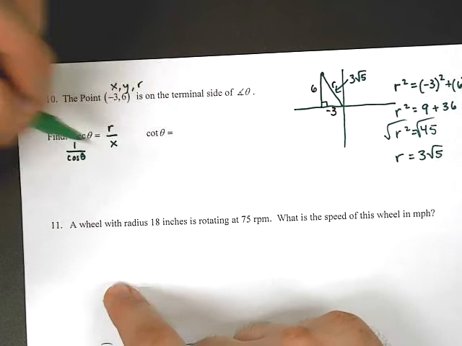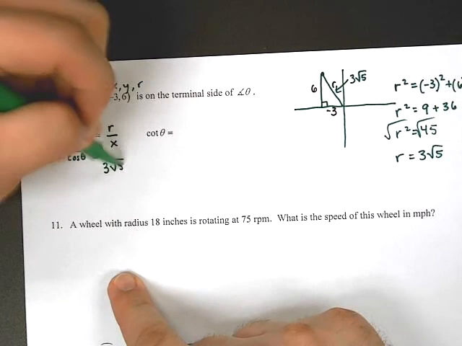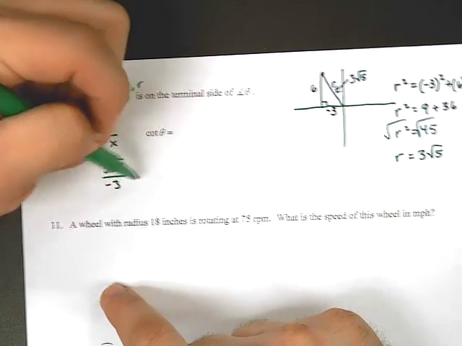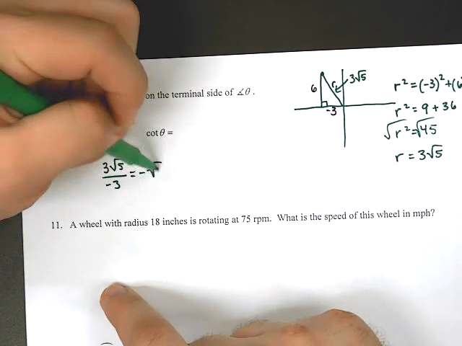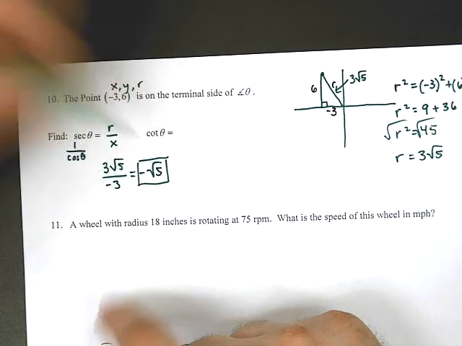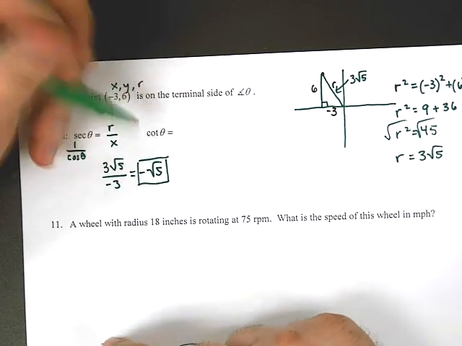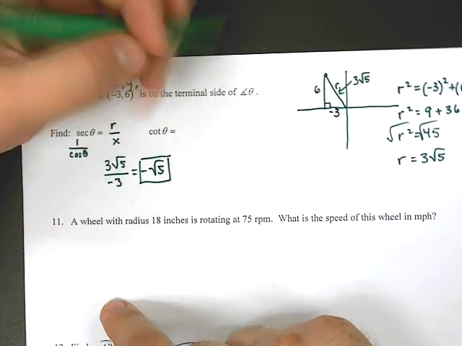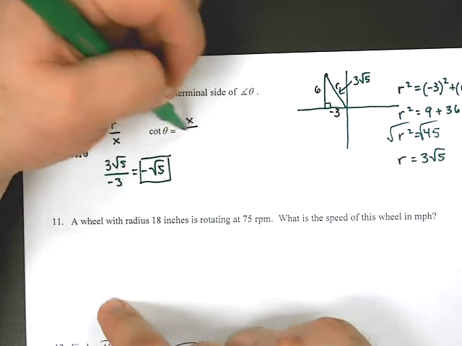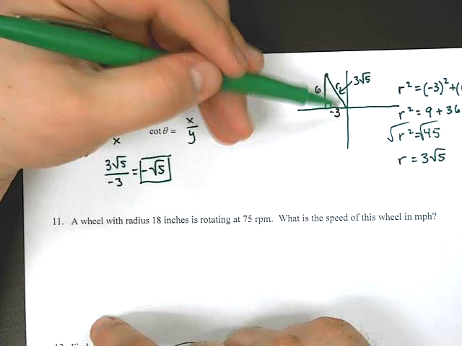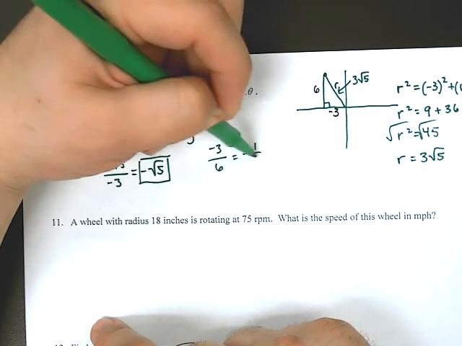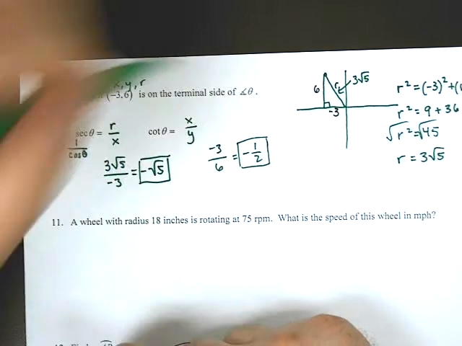And so when I plug in 3 square root 5 over negative 3, this is just negative square root 5. Now for cotangent, we said we really could already do it. We knew that cotangent is x over y. Well, when we do x over y, negative 3 over 6, we just get negative 1/2. That one we could have done from the very get-go.